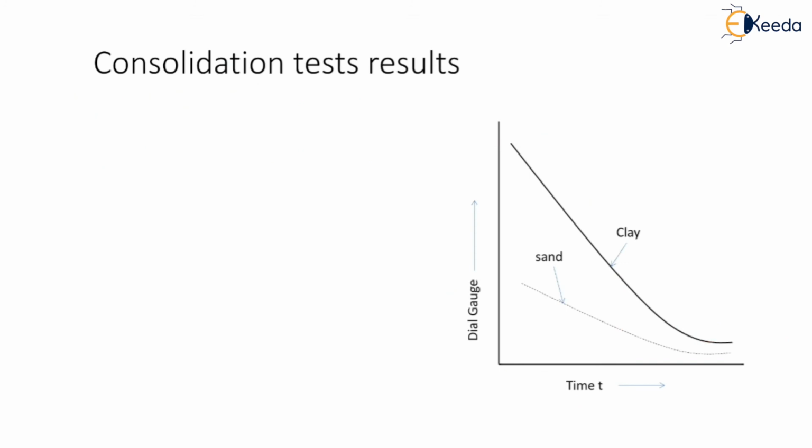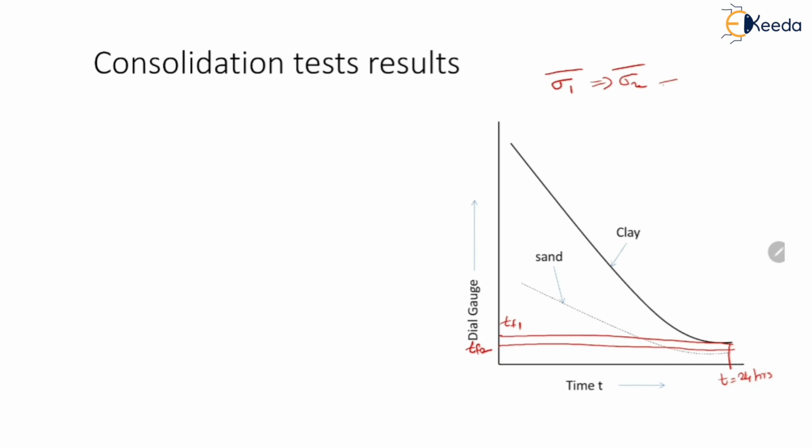So this graph is plotted for a single incremental pressure, say sigma 1 bar. So the final thickness due to this pressure will be obtained after t equal to 24 hours, and the final thickness will be equal to say TF1. If we increase the pressure to sigma 2 bar, the thickness will further reduce and the final thickness will be TF2.